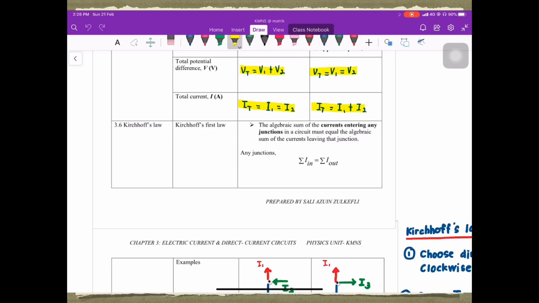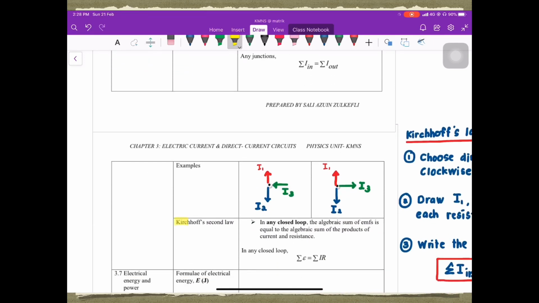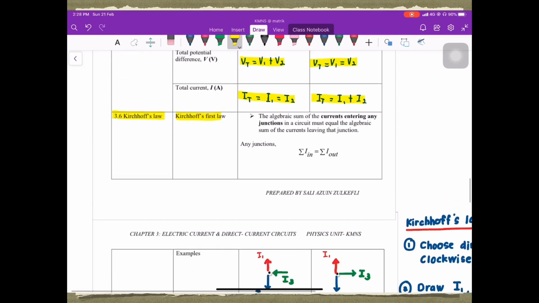Today we want to discuss subtopic 3.6, Kirchhoff's Law. Actually, we have Kirchhoff's first law and Kirchhoff's second law. Now look at Kirchhoff's first law.